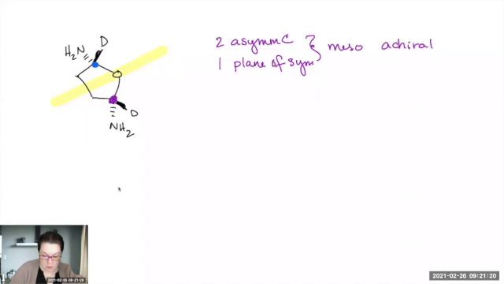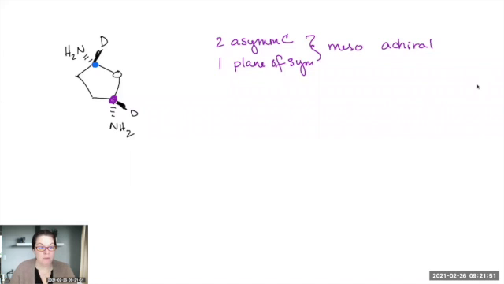Okay, so let's look at the carbons. Let me bring up the chat here too, in case anybody has questions. All right, so I'm going to look at the asymmetric carbon that I put the little blue dot on. Attached to this carbon right here, I have a carbon, a nitrogen, a deuterium, and an oxygen. So I have 4 different groups attached to that carbon. All right, no ties.